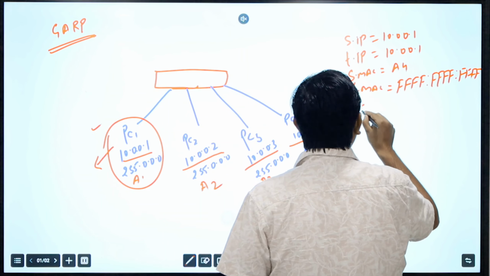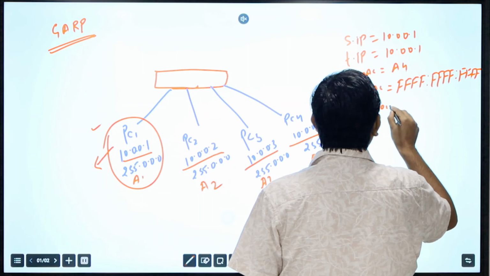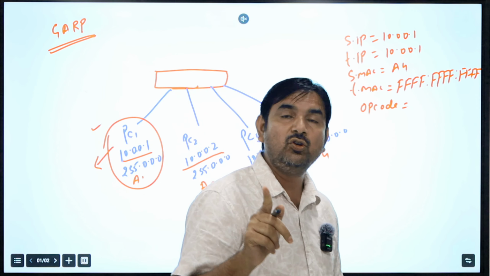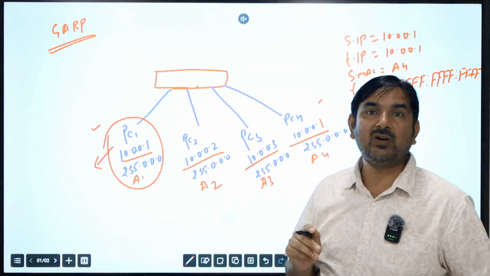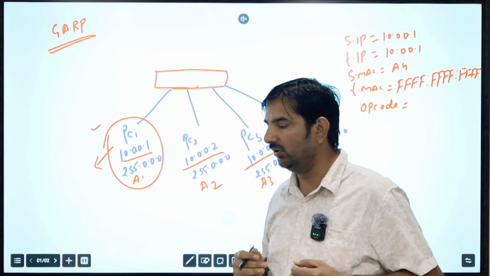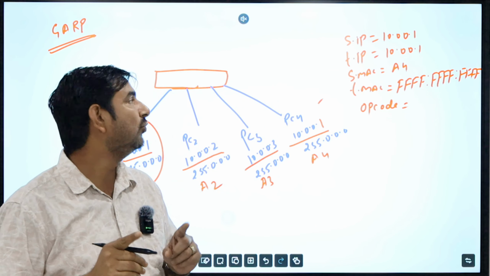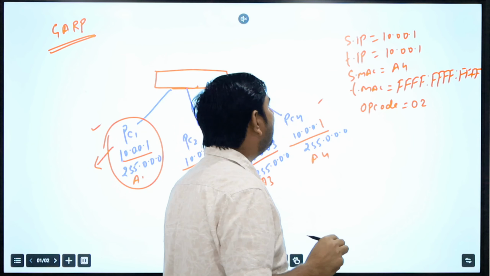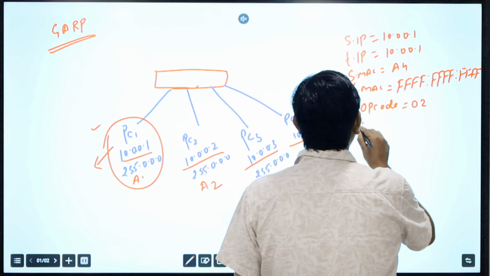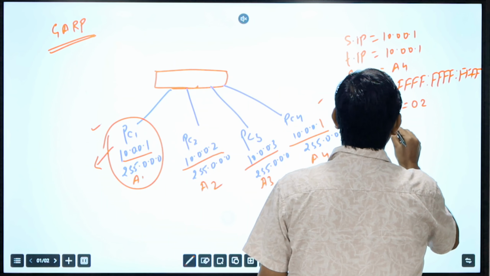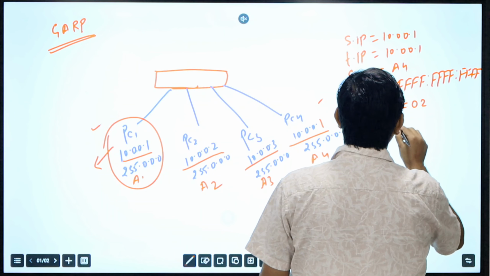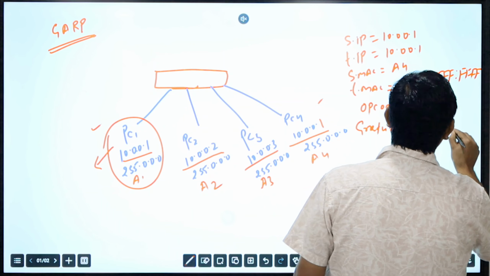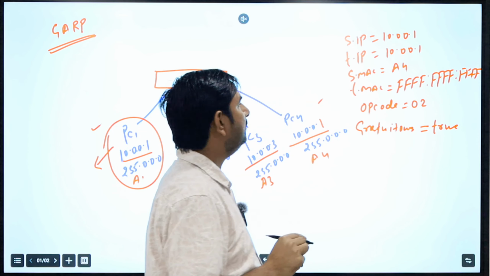And what should be the opcode? The opcode is not going to ask anyone, please tell me your MAC address. Opcode can be either 01 or 02. 01 means query, I am going to ask someone. 02 means it's a reply. So the opcode will be 02. Then after that, gratuitous will be true.